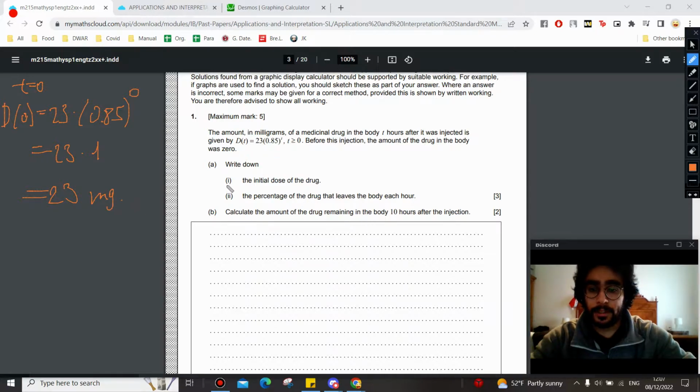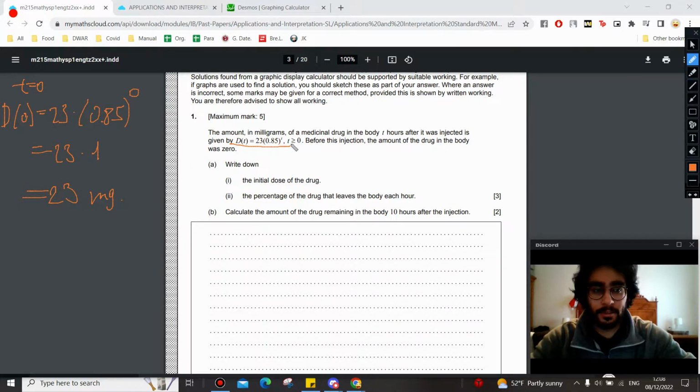Okay, that's part a(i), and part a(ii), the percentage of the drug that leaves the body each hour. Well, how much you have inside your body, in milligrams, is given by this function. So the amount that will leave you will be the vice versa of this. What does it mean?